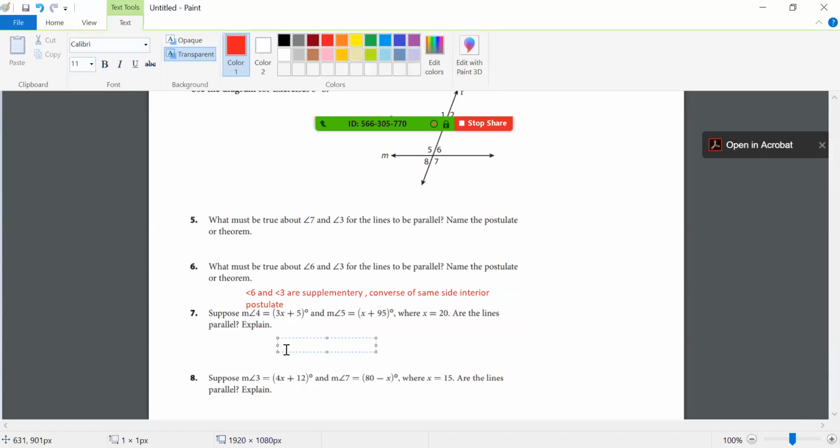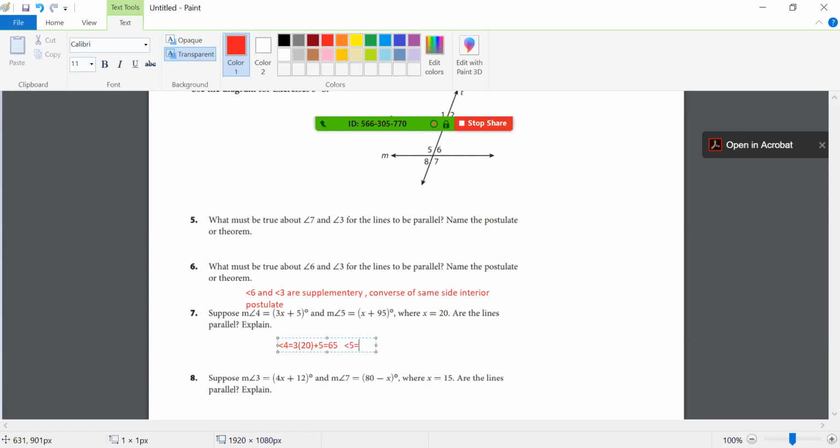Let's begin with angle 4. Angle 4 will be 3 multiply 20 plus 5, right? 3 multiply 20 is 60 plus 5. It's going to be 65. Okay, very good. Let's check what about angle 5.